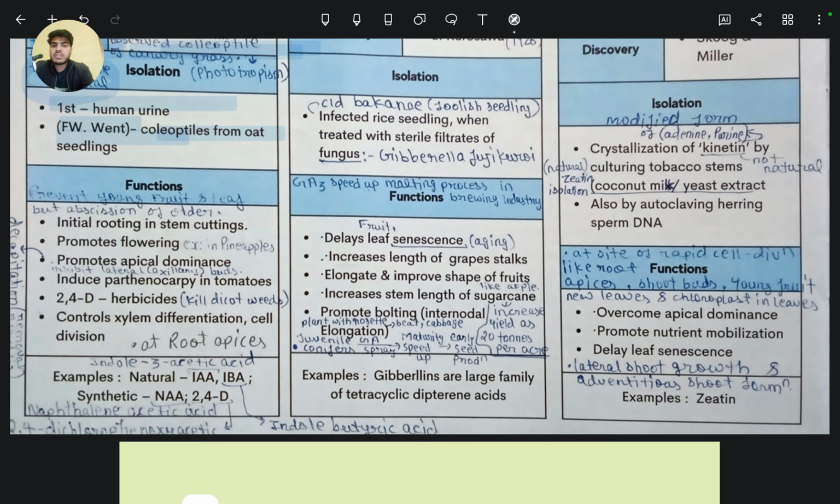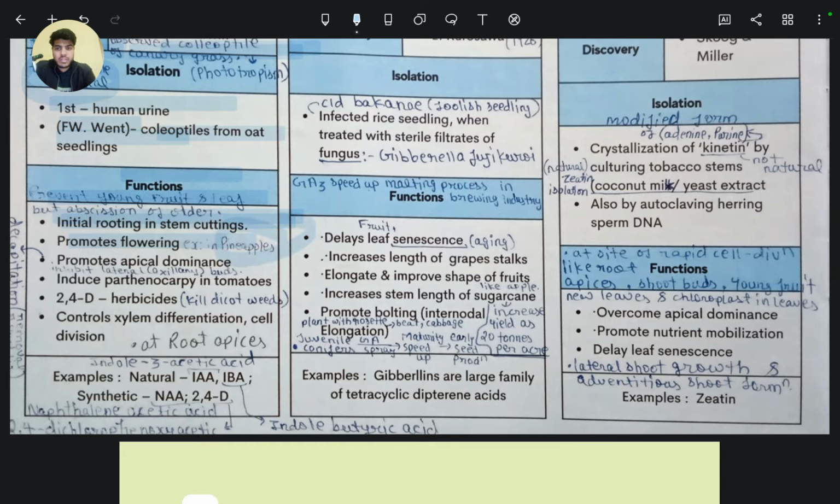Auxin's function is to prevent young fruits and leaves from abscission, and it promotes abscission of older parts. It promotes initial rooting in stem cuttings. It also promotes flowering, for example in pineapples.